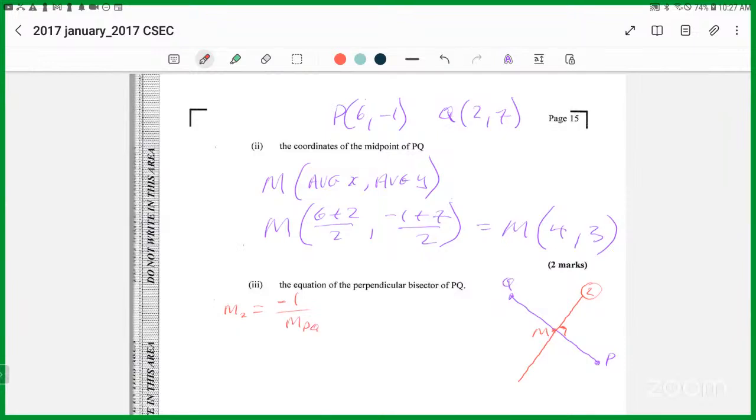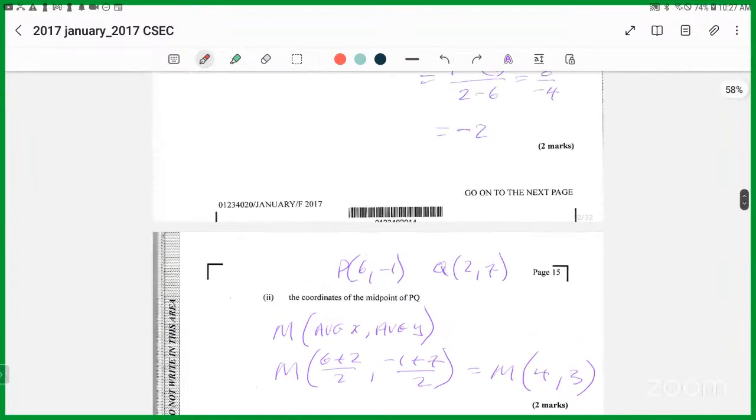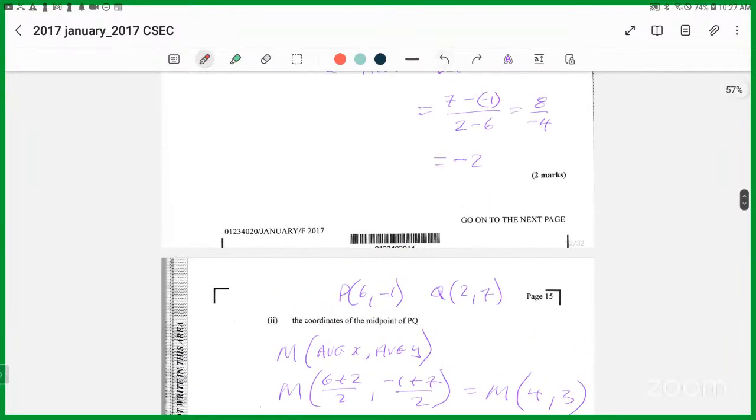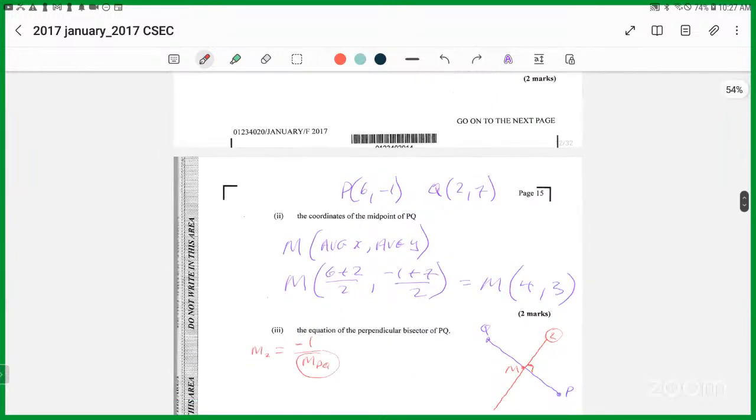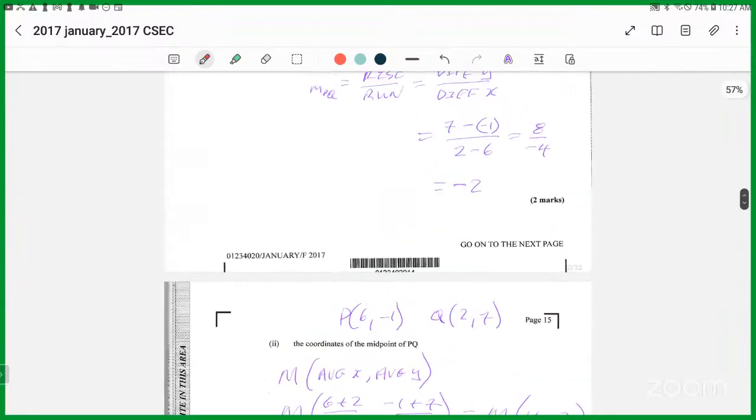Remember this line's gradient was negative 2. So it becomes negative 1 over negative 2, which becomes a half. Or we could have simply taken this negative 2 over 1, flip it and change the sign. It will become 1 over 2. So the perpendicular gradient is 1 over 2.